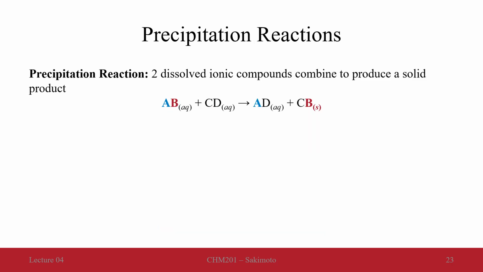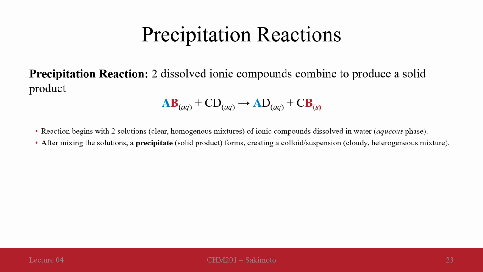This precipitation reaction, again, occurs when we mix two different ionic compounds together. These ionic compounds begin as what will probably look like clear, homogeneous solutions, dissolved and uniform down to the per atom or per molecule basis. This is really indicative of dissolving these types of ionic compounds in water to form these aqueous phase mixtures, or things, again, dissolved in water.